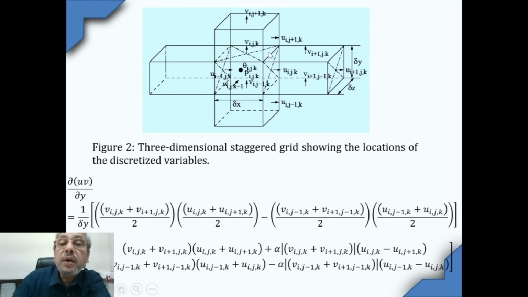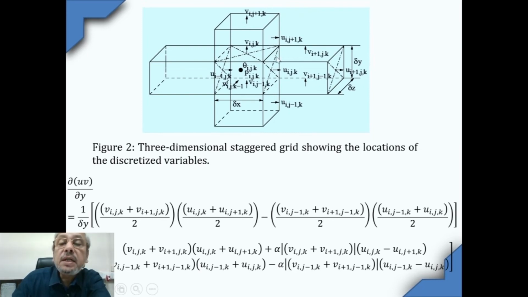So we have to find out u into v at this location and u into v at this location. We have exactly done that, 1 by delta y. And this first term, that means u into v at this location, will be vijk plus vi plus 1 jk by 2 multiplied by uijk plus uij plus 1k by 2.